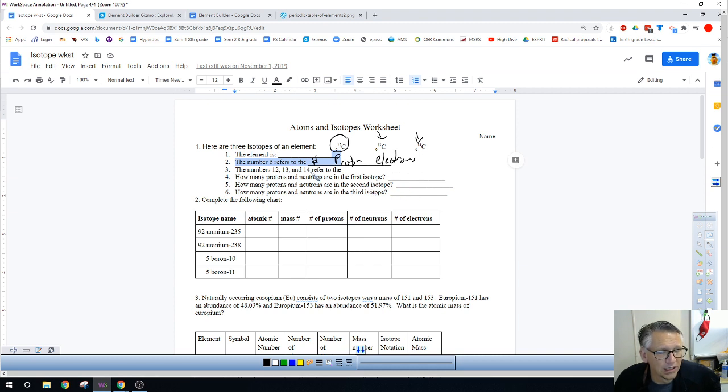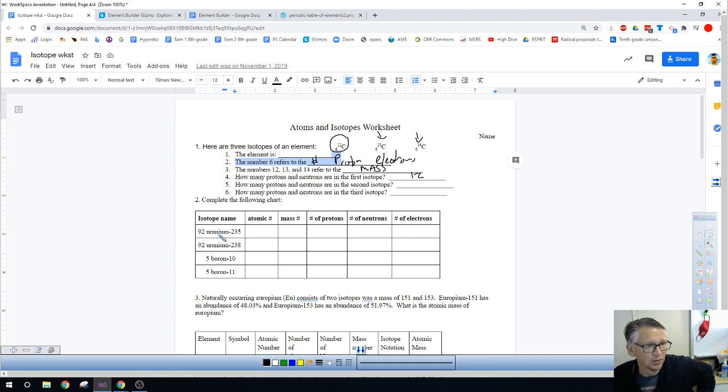The 12, 13, and 14 tell us the mass. So how many protons and neutrons are in the first isotope? If it has a mass of 12, it is going to have 12 protons plus neutrons.